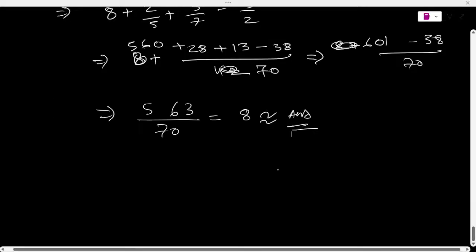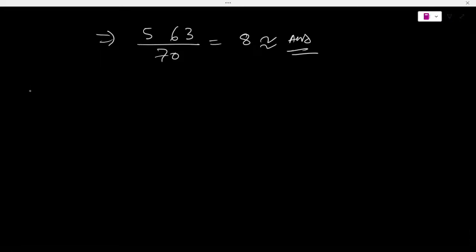Example number 4 says that the given vector F is equal to 2y i cap, minus j cap plus x k cap.